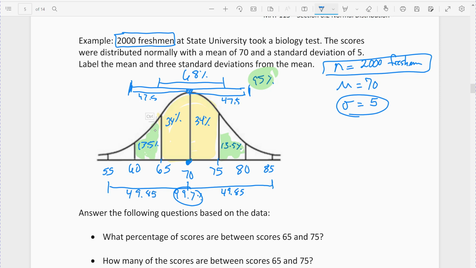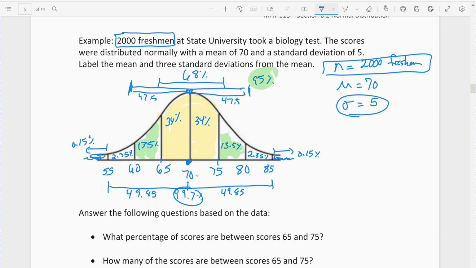We'd take our 47.5, subtract it from the 49.85, and this little piece up here is 2.35%. And then the little bits on the edges, what's left is the 0.3%, so half of 0.3% above, half below, and this little bit of area here and here is 0.15%.